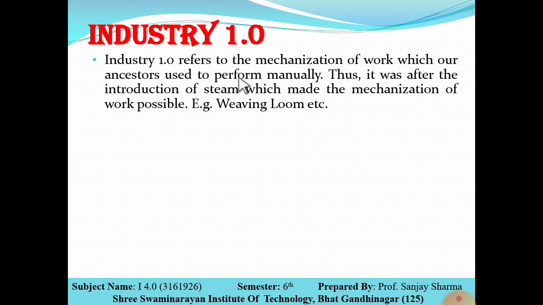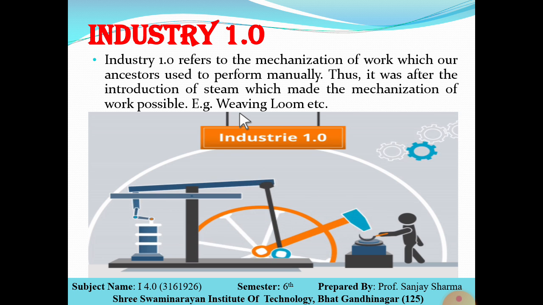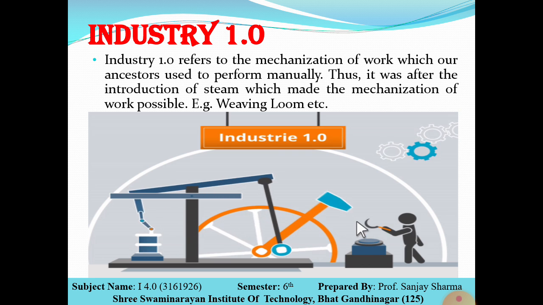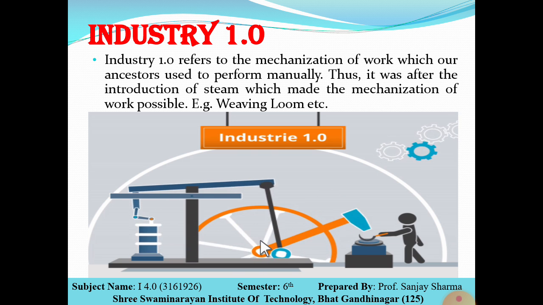Thus it was after the introduction of steam which made the mechanization of work possible. For example, weaving loom. So here you can see the animation. You can see that this is the Industry 1.0, where with the help of some steam we were utilizing the mechanism to complete our job.